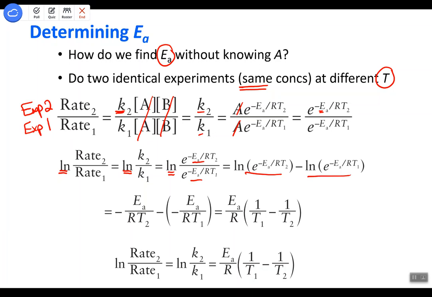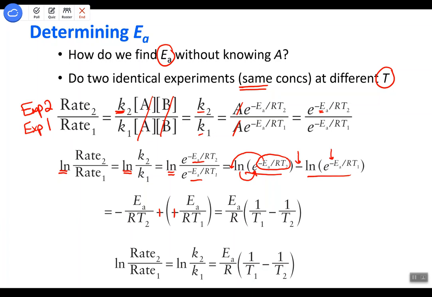And you probably remember that if we have the ln of an e, that allows us to bring the exponent down. And the first exponent is negative Ea over RT2. And then we have the minus negative Ea over RT1. A minus and a minus gives us a plus. It's just easier to start an equation with a plus factor.